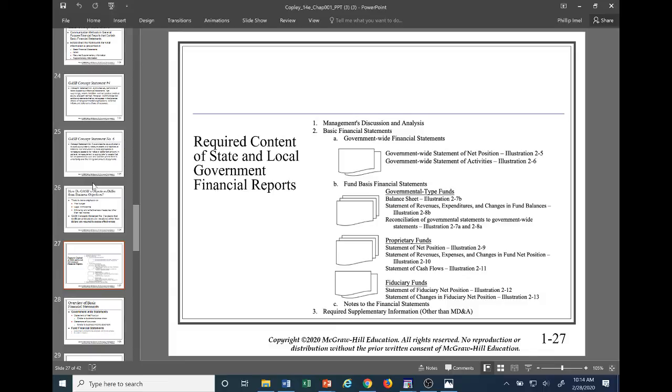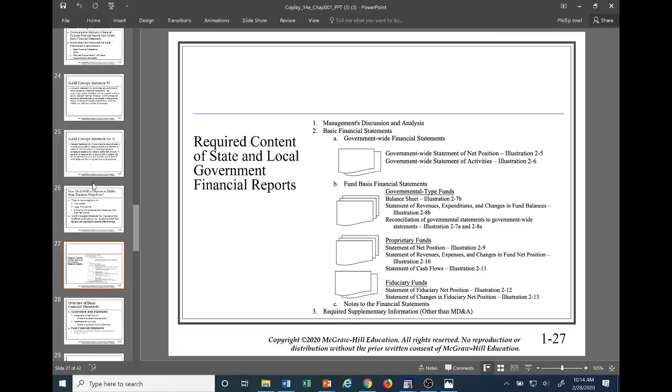Remember, the governmental funds operate on the modified accrual basis, current financial resource measurement focus, and the government-wide statements operate on the full-blown accrual basis, the economic resource measurement focus. That's why we have to see that reconciliation there. The proprietary funds, the ones we just covered, there are 2 of them: the internal service funds and the enterprise funds. They operate on the accrual basis of accounting.